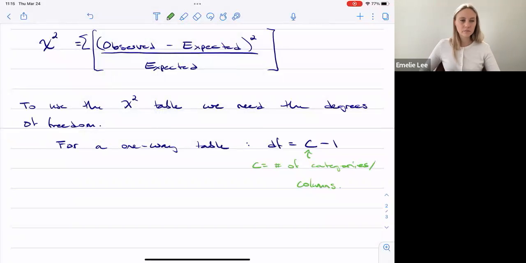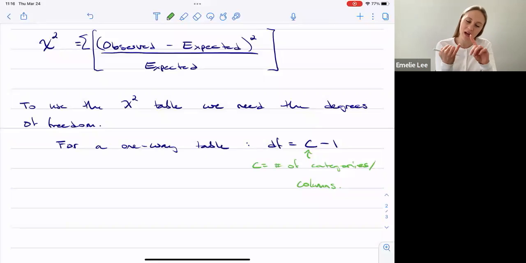Okay. Whereas we're going to introduce a two-way table where we now have two categorical variables and we want to see if they're independent of each other. And so things change a little bit, but not really. How we tackle the problem stays the same. So that's really nice. But then we have to take the number of rows into account as well for our degrees of freedom.